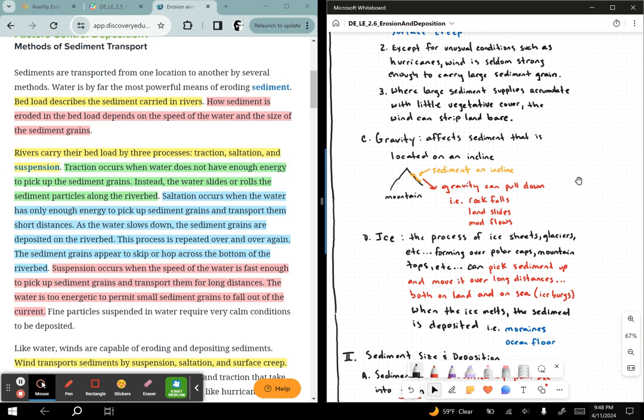Now remember, ice freezes, and whatever it's touching underneath, in this case, if it's on land, it's going to be covering dirt and rocks. Well, that stuff can get frozen to the underside of the ice. As the ice moves, it moves the boulders as well. It moves the dirt as well.